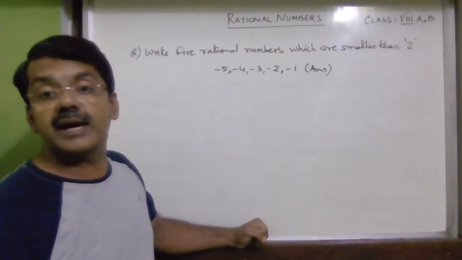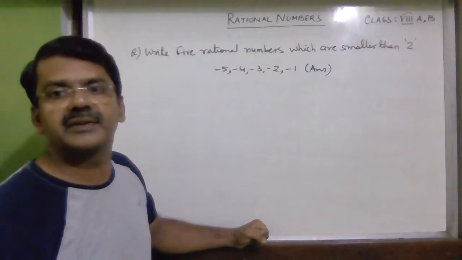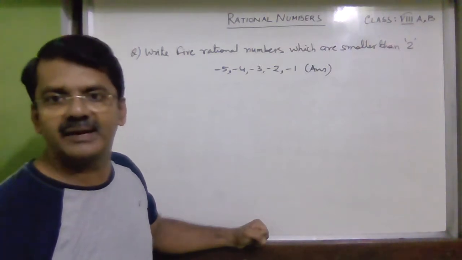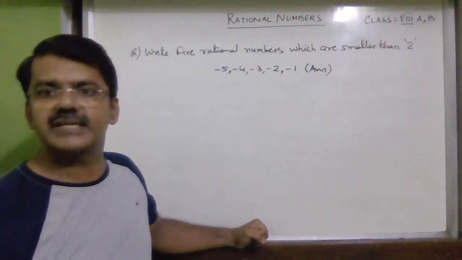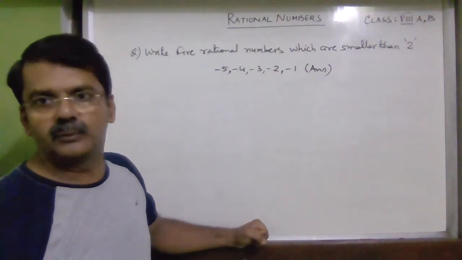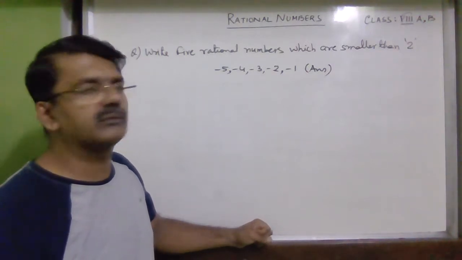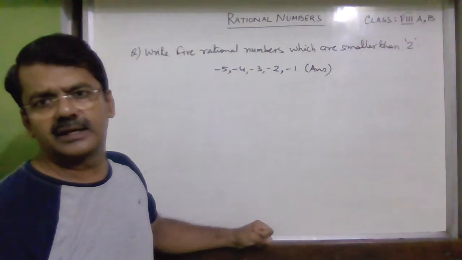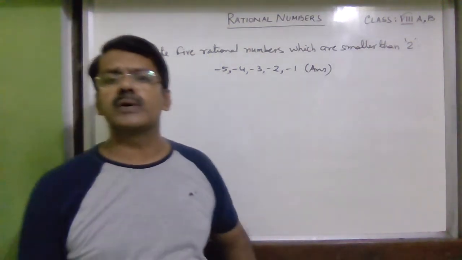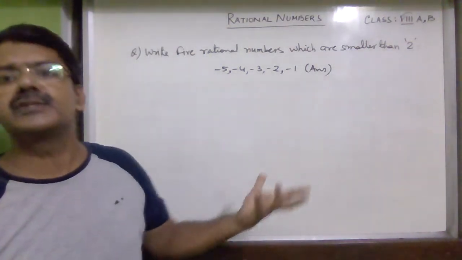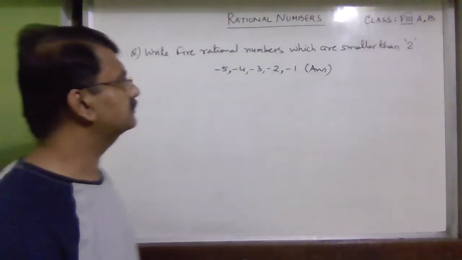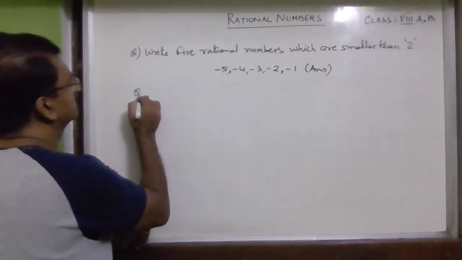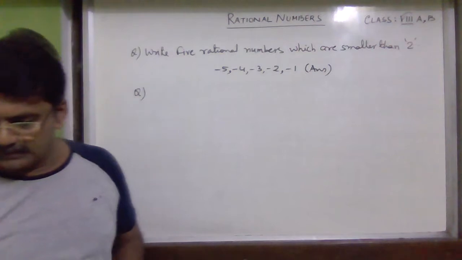And even you can write 1.1, 1.2, 1.3, 1.4, 1.5, because all of them are rational numbers and they are definitely lesser than 2. So in these type of questions there is no fixed answer. I have given you one set of answers, but you can write a different set of answers also. Clear?